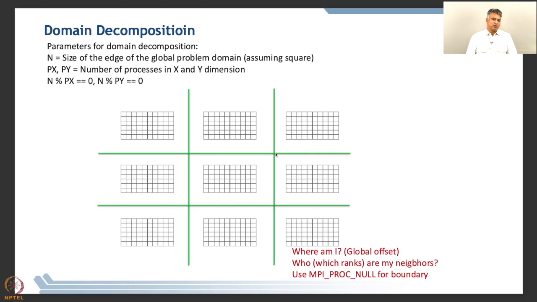You will immediately notice that process 4 needs to communicate the maximum with 4 other different processes, whereas all the other processes typically are communicating with 2 and some of them are communicating with 3. In the next class, we will look a little bit more into this domain decomposition. Thank you.